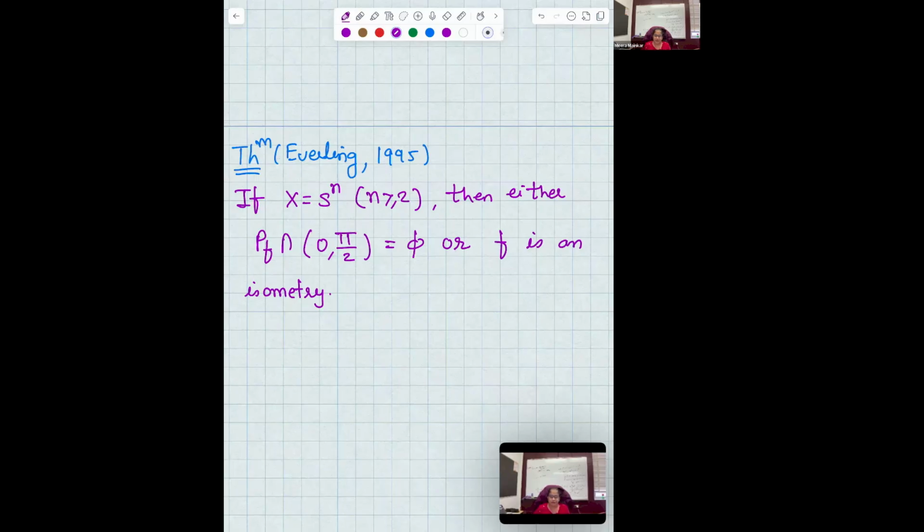So the theorem here, Everling proved in 1995 that if you have a sphere of 2 or more dimensions, then a distance smaller than pi over 2 is very crucial here. The set with preserved distance in that interval is either empty or F preserves all distances. So if F preserves sufficiently small distances, then F preserves all distances.